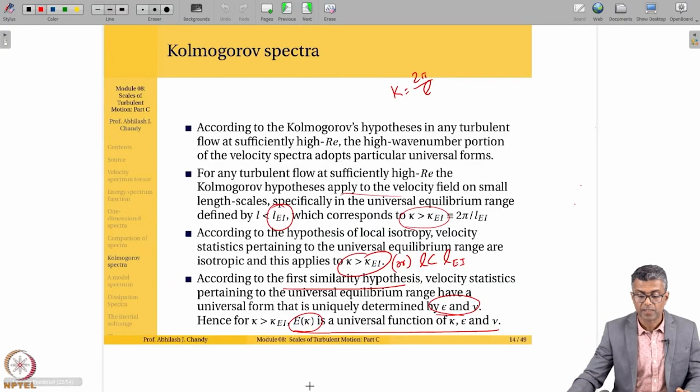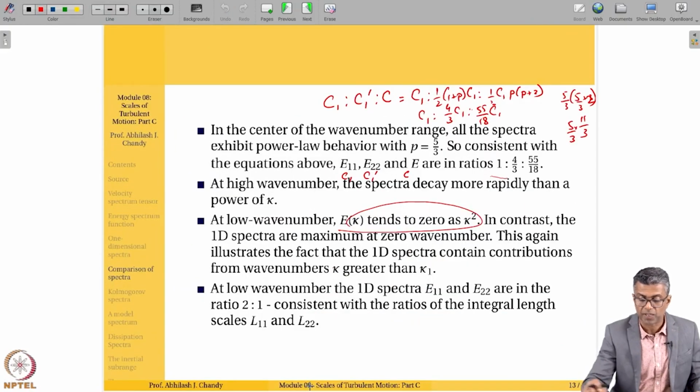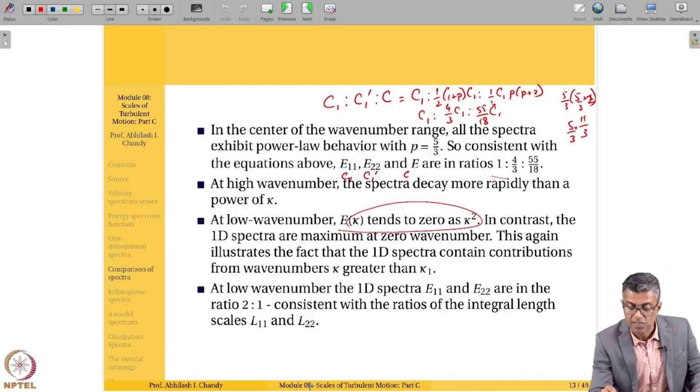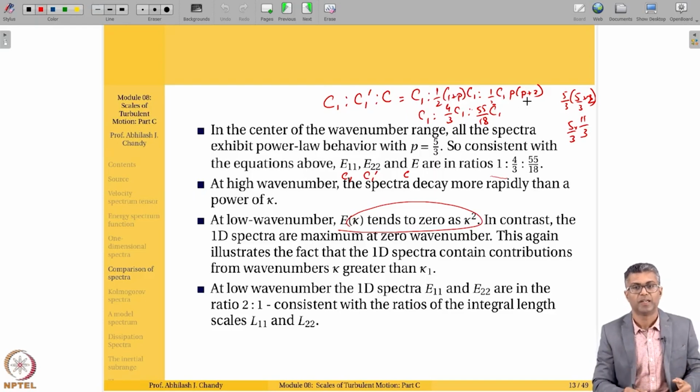And where did that come from? That came from the fact that C1 dash is half times 1 plus P, which we had derived in the last class, and C is half C1 P times P plus 2. So all that leads to these ratios of 4/3 and 55 over 18. That is where I'm getting it from.